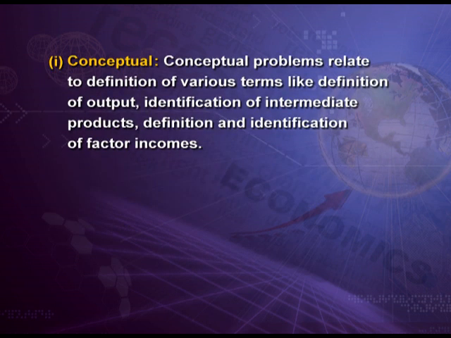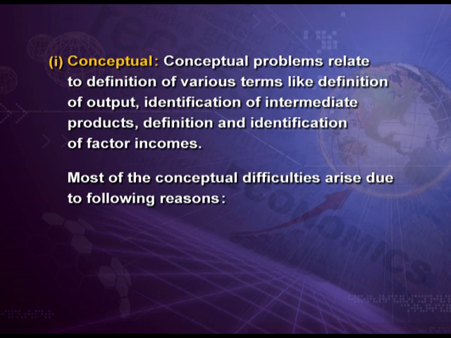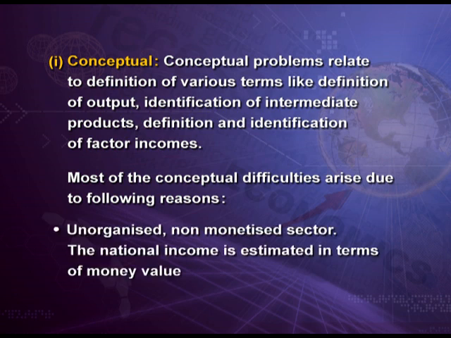Conceptual problems relate to the definition of various terms, like the definition of output, identification of intermediate products, definition and identification of factor incomes, etc. Most of the conceptual difficulties arise due to the following reasons: unorganized and non-monetized sector. National income is estimated in terms of money value.